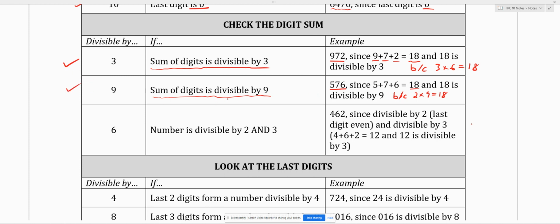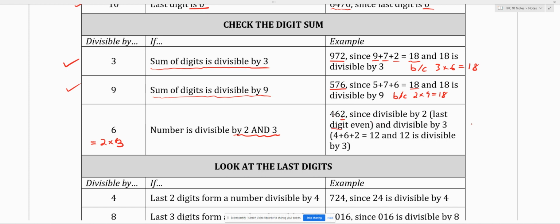Again, summing the digits. If you ever want to figure out, hey, is it divisible by 6? Well, 6 is the exact same thing as 2 times 3. So if you want to know if it's divisible by 6, well, it has to be divisible by 2 and 3. Okay, well, the rule for 2 is easy because in this case, 462, the last digit is even.